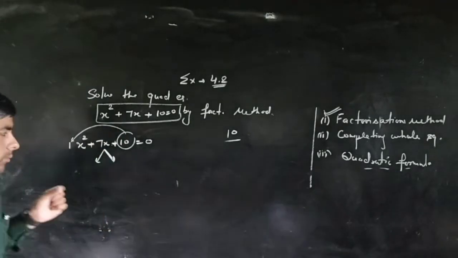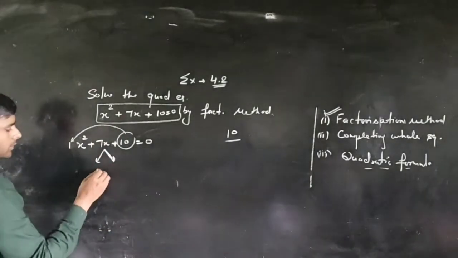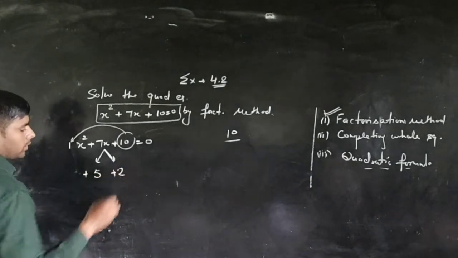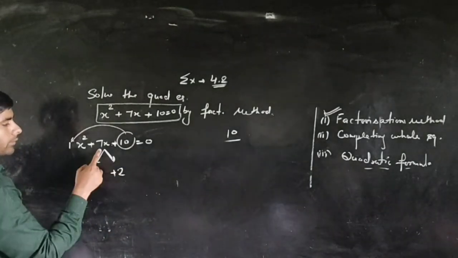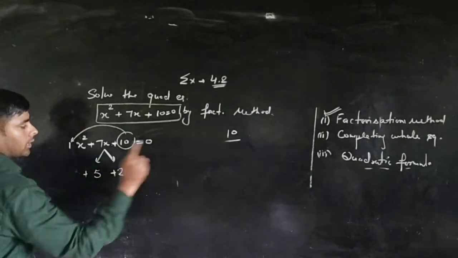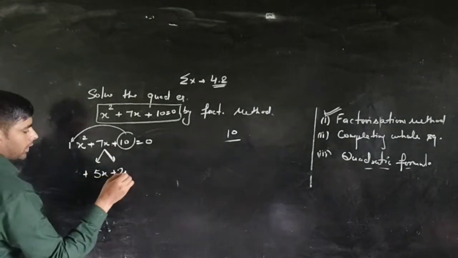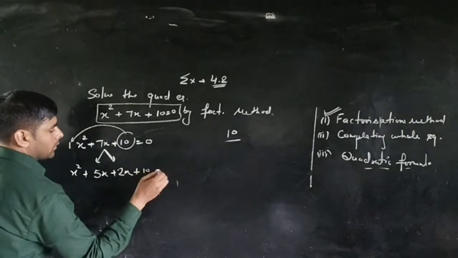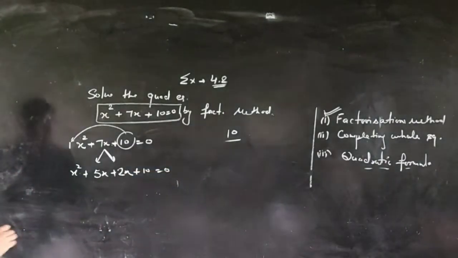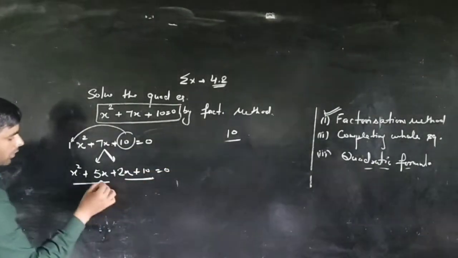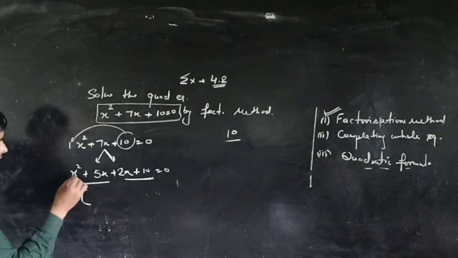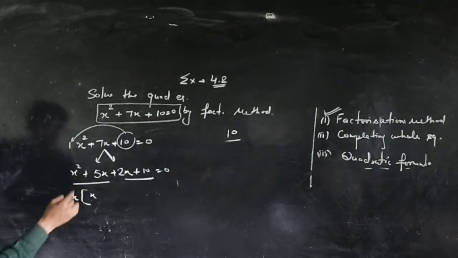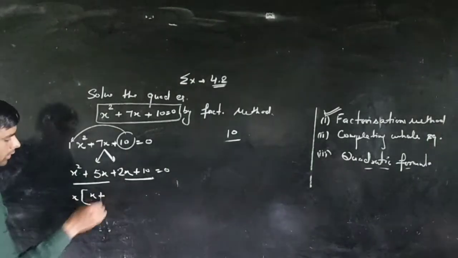We can write 7 as 5 plus 2, since 5 plus 2 is 7 and 5 times 2 is 10. Now x square plus 5x plus 2x plus 10 equal to 0. From here x is common in the first two terms.